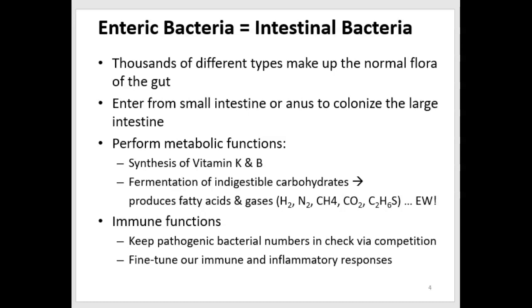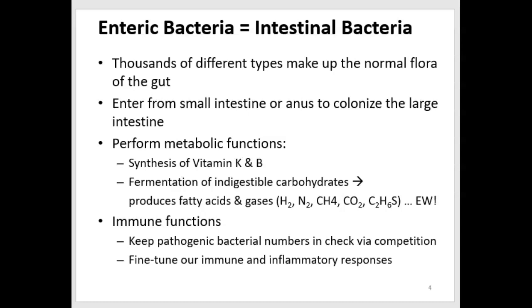These bacteria enter from the superior opening of the digestive tract, or from the inferior opening, the anus. Regardless of where these enteric bacteria come from, they colonize the large intestine.